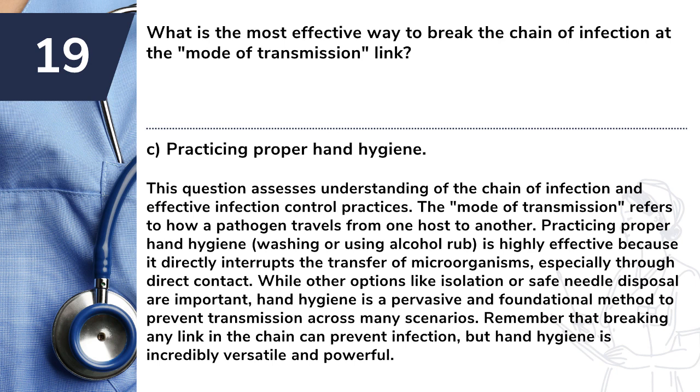While other options like isolation or safe needle disposal are important, hand hygiene is a pervasive and foundational method to prevent transmission across many scenarios. Remember that breaking any link in the chain can prevent infection, but hand hygiene is incredibly versatile and powerful.